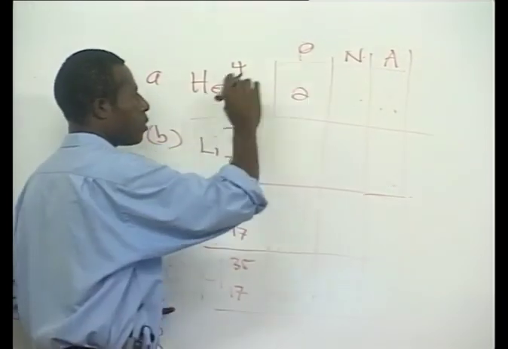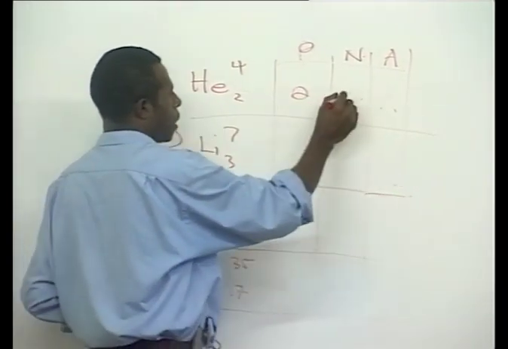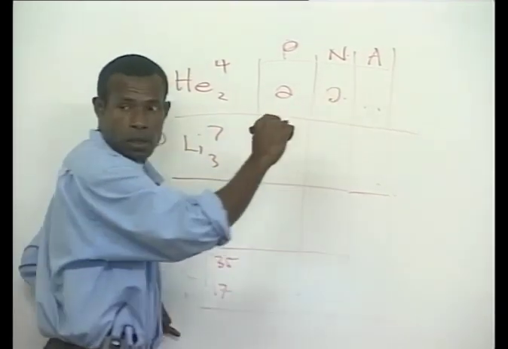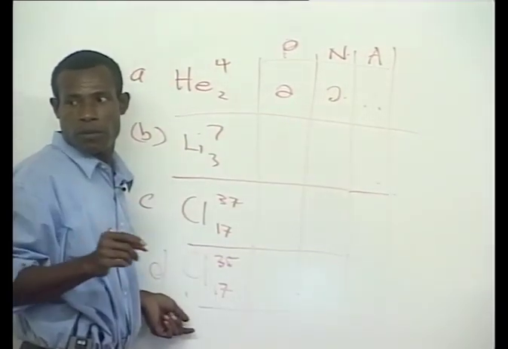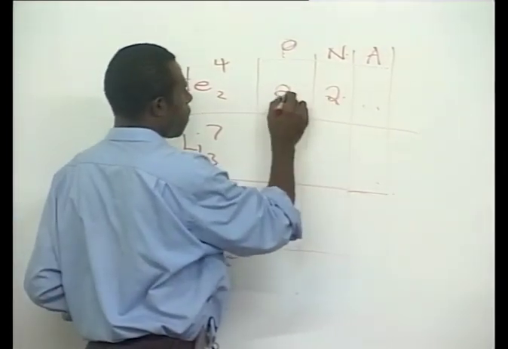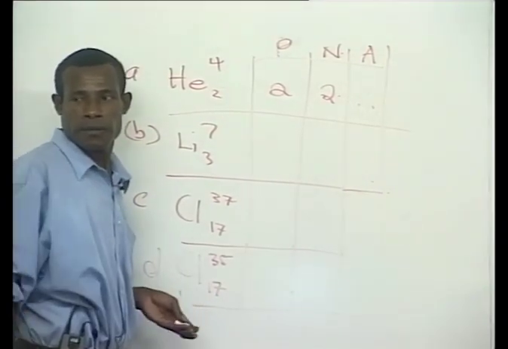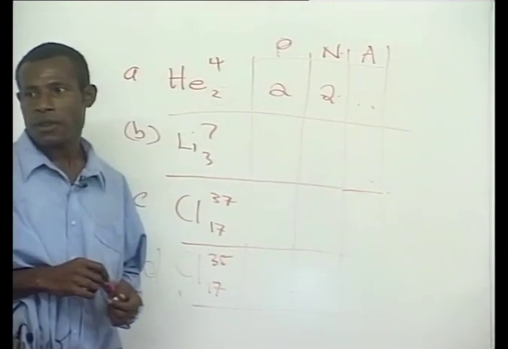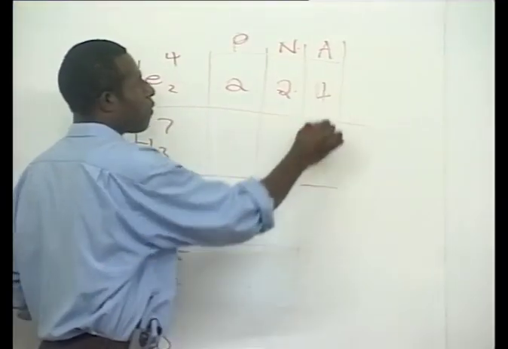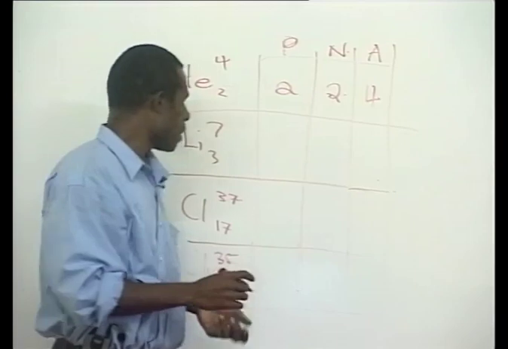And then what is the neutron? It's 2. The neutron number is 2. Very good. And then the atomic number, the mass number, so in here it will be 4. It is sometimes known as the nucleon. All right, good.